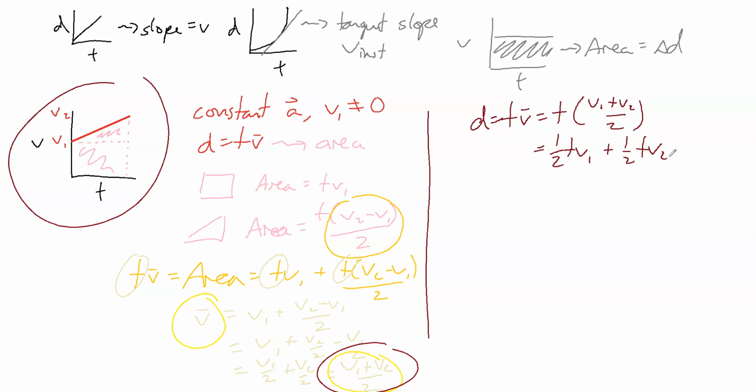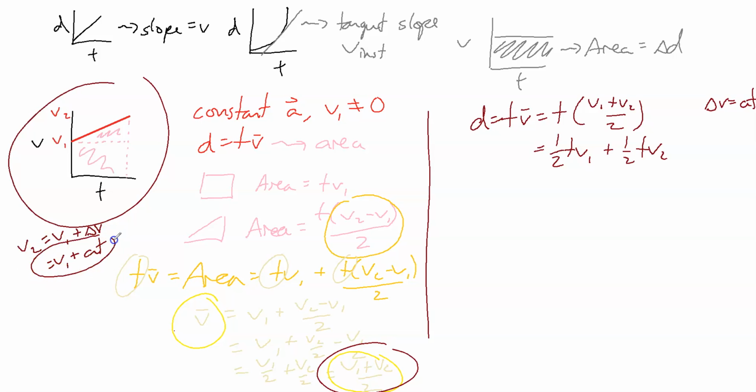All right, now we're going to do something else here. I'm going to incorporate something else you also had from last year. From last year you had change in V, which is acceleration times time, of course. And in the situation we have here, if I wanted to know my new speed, my final V, if I go back to this generic situation over here, my second V would be equal to my first V plus my change in V. But that would then be equal to V1 plus acceleration times time, because change in V is acceleration times time.